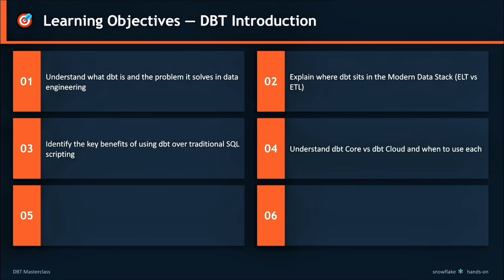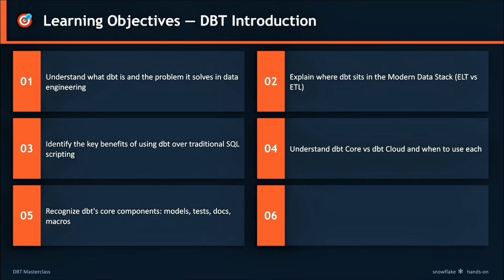Fourth, you will understand the difference between DBT Core, which is the open source version, and DBT Cloud, which is a managed SaaS version. So this is a common question from the students, and we will clear this up completely. Fifth, you will be able to recognize DBT core building blocks: models, tests, documentation, macros.